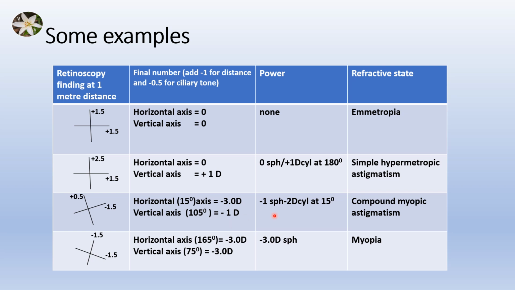So we have a power of -1 sphere and -2 cylinder at 15 degrees. This is compound myopic astigmatism. And here we have both the axes -1.5, so we have -3 diopter power in both the axes, and the power is -3 diopter sphere. This is myopia.